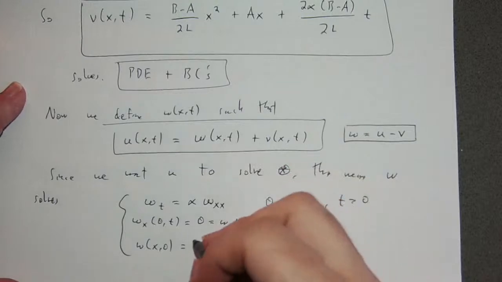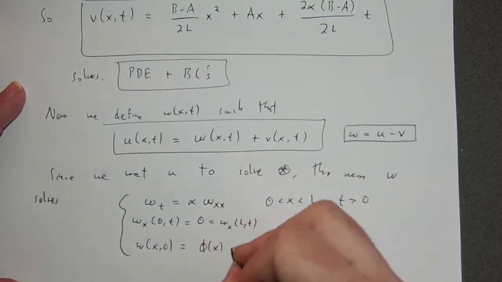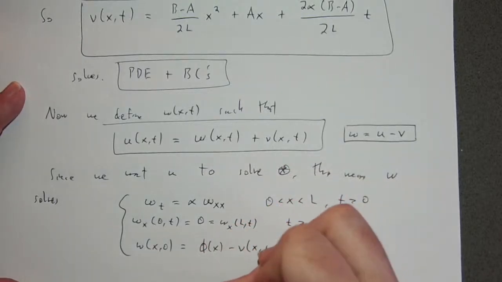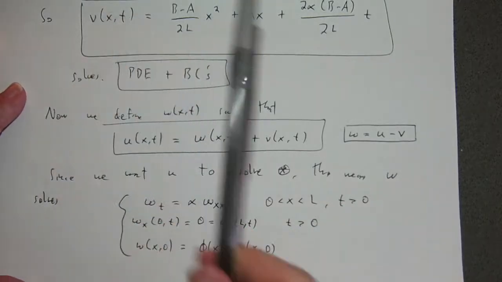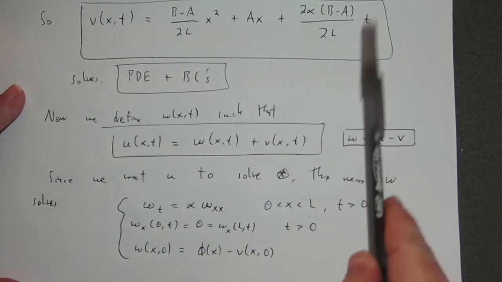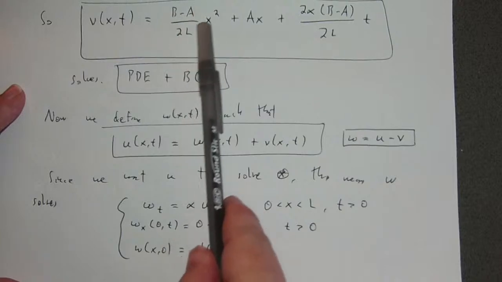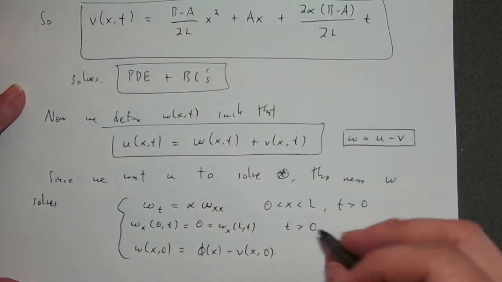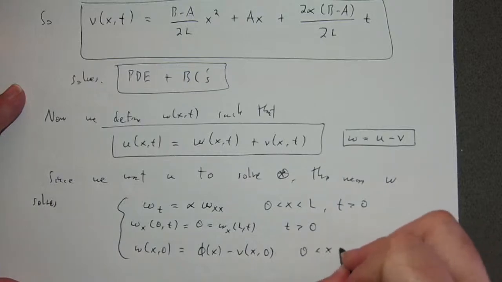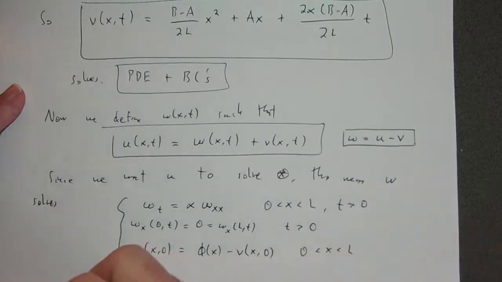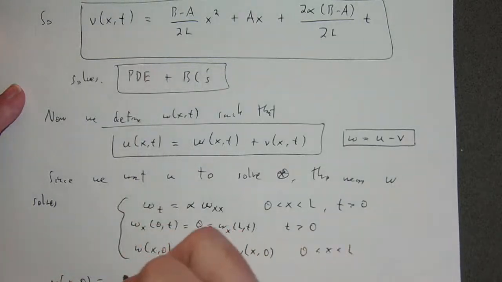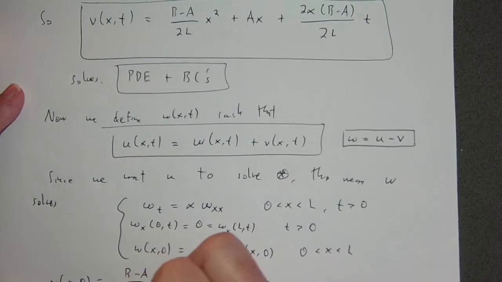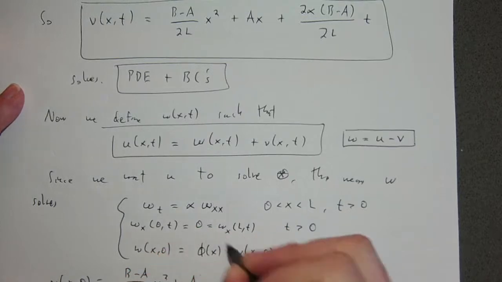But u of x,0 is phi, so this is phi of x minus v of x,0. V of x,0, of course, we plug in t equals 0 here, we get b minus a over 2l times x squared plus ax. Just note that v of x,0 here is b minus a over 2l x squared plus ax.